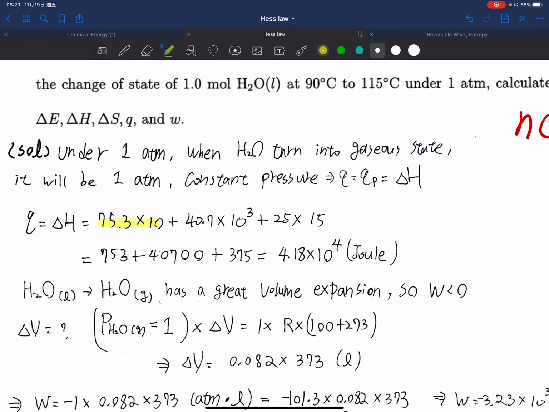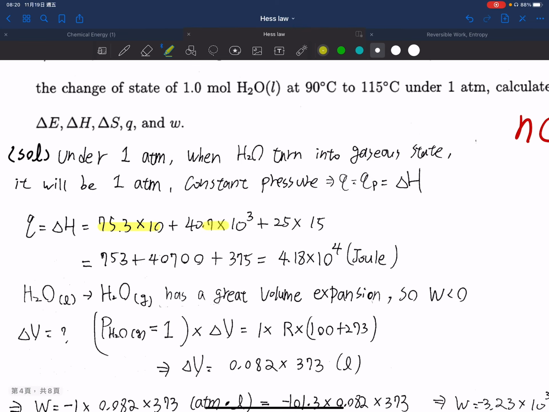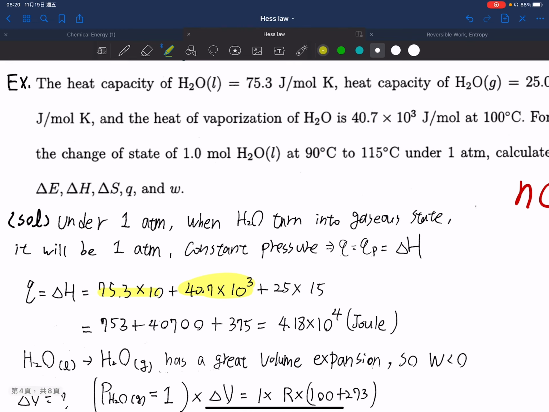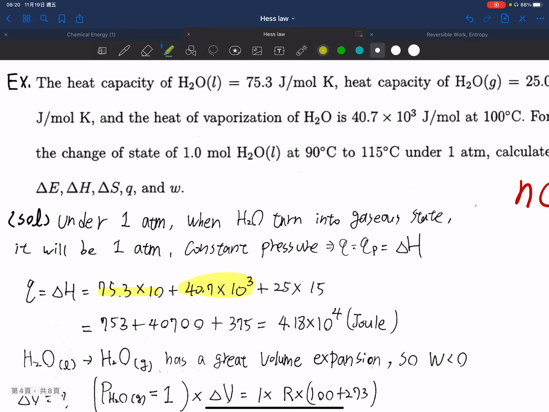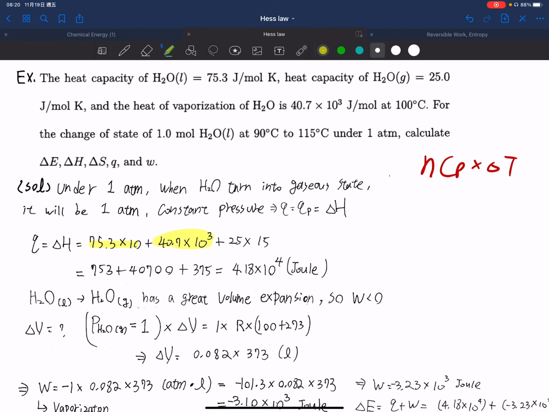It should have 10 degrees Celsius of change, and when you're at 100 degrees Celsius, you are transforming your state from liquid to gaseous. The question has stated that you only have 1 mole of water, and for 1 mole of water to vaporize, it requires 40.7 multiplied by 10 to the power of 3 joules.